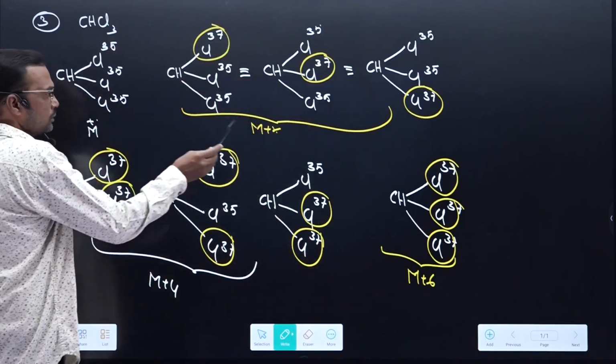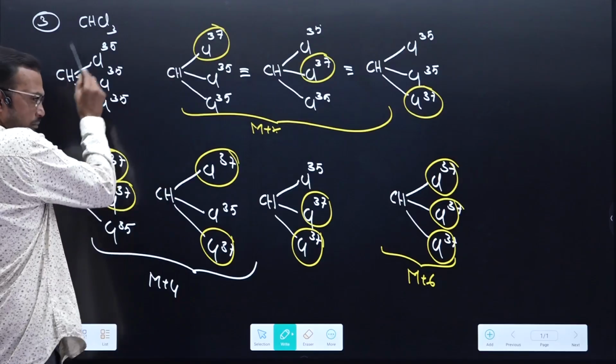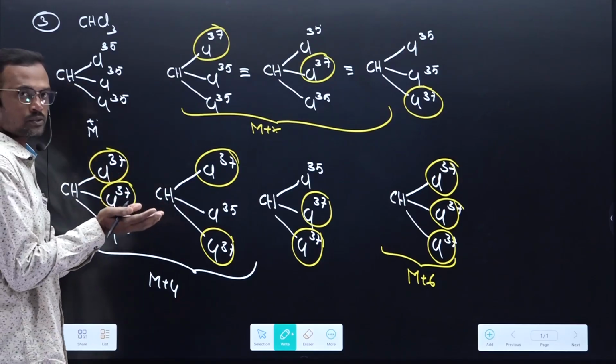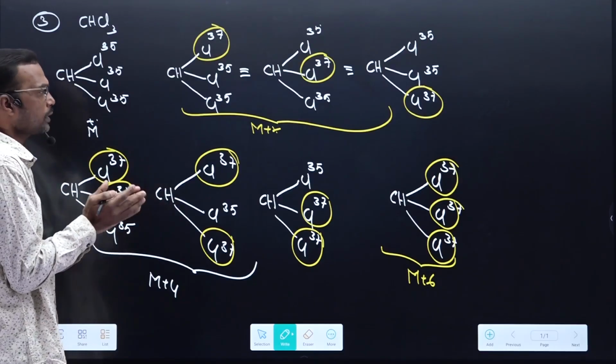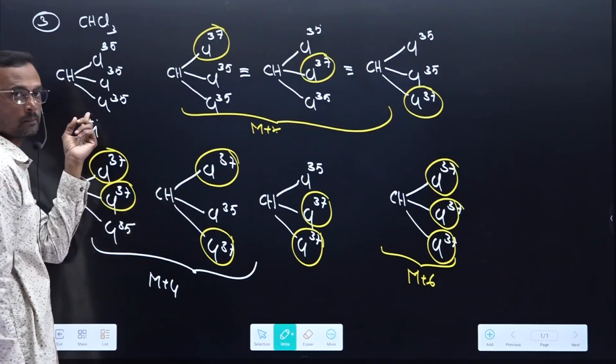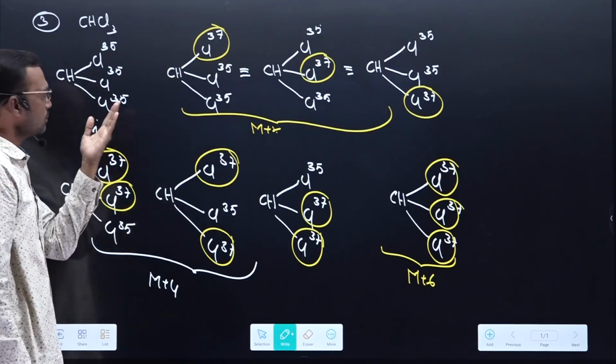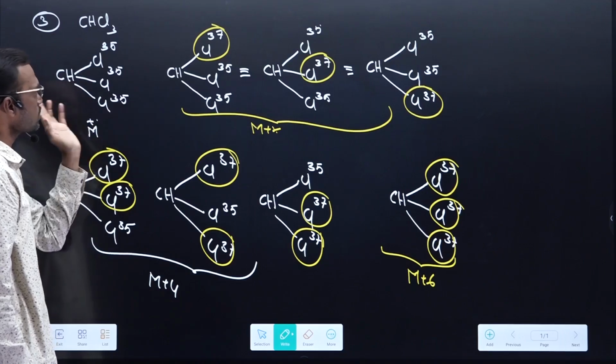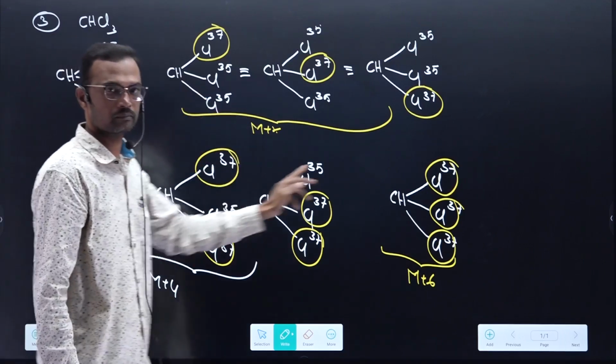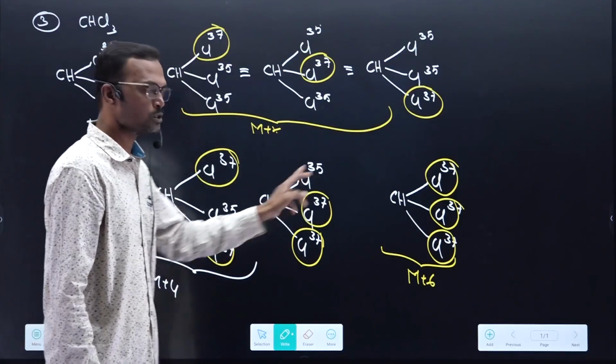Other than this, this is a major abundance. Suppose you are extracting 100 grams, out of 100 grams the maximum percentage belongs to this type, so nearly 70 or more than 70% belongs to this type. Remaining 30, these 3 will be there: this possibility, this possibility and this possibility.